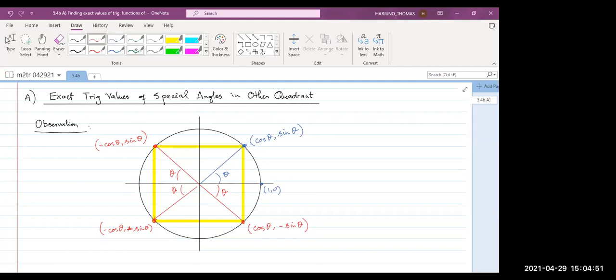And this is cosine theta, negative sine theta. So if my angle in standard position instead is called alpha, okay, so let's say this is alpha, and the reference angle of alpha is theta, then notice that sine alpha is equal to plus or minus sine theta.